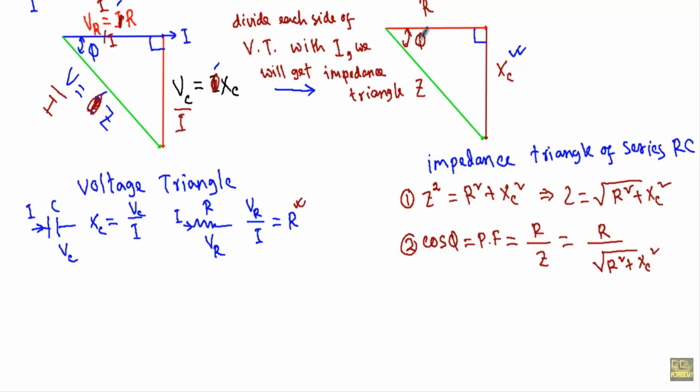Third, angular displacement between the resistance and impedance, or angular displacement between the voltage and current, which will be equal to, let's say, tan phi. Tan phi is the ratio of height to base. Here height is XC and base is R. And we can determine whether the current leads or lags the applied voltage.